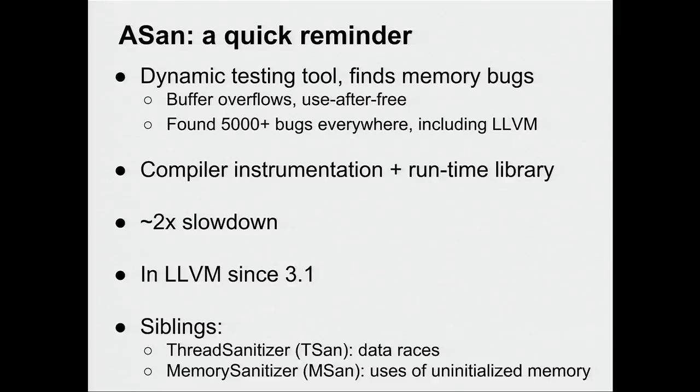And my claim is that separating these two tools is actually what allows us to make both of them fast. Both of the tools today work only on Linux x86 64-bit. Thread sanitizer is also applicable to the Go language, and the Go variant works on Linux, Mac, and Windows.